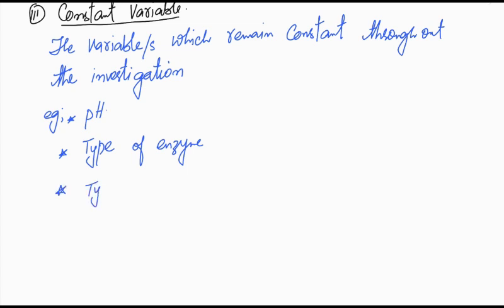Types of apparatus, or time, etc. All these things which we are not going to change during the whole experiment, those variables are called constant variables.